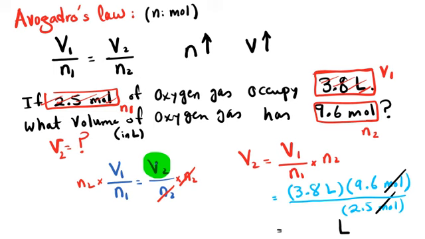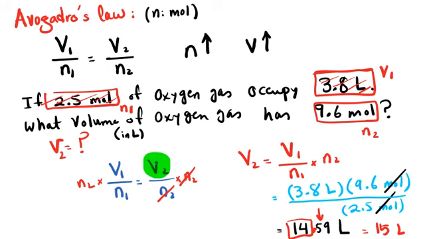Just double check, we have two significant figures for each one, so we are going to report our final answer with two significant figures. The answer, 3.8 times 9.6 divided by 2.5, is 14.59. I'm going to keep two significant figures, so I'm going to say 15 liters, because this digit is 5 and we need to round off. So the final answer is 15.